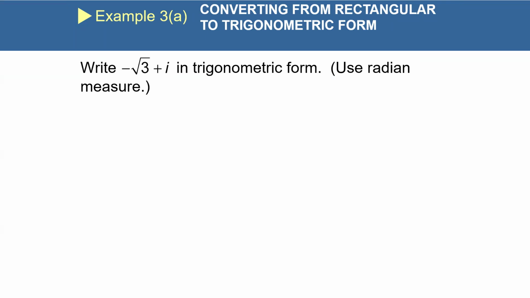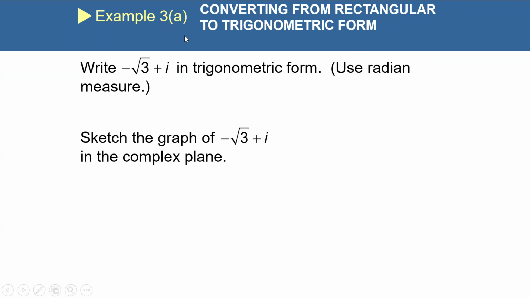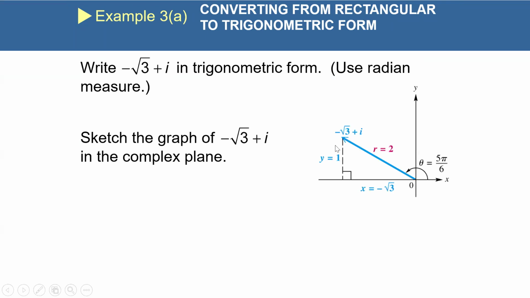And my imaginary is 1i. So y equals what? Y is just 1. So when I graph it, I have negative square root of 3, which puts me in quadrant 2. And my 1 is positive, so it's going to put me in quadrant 2 instead of quadrant 3.